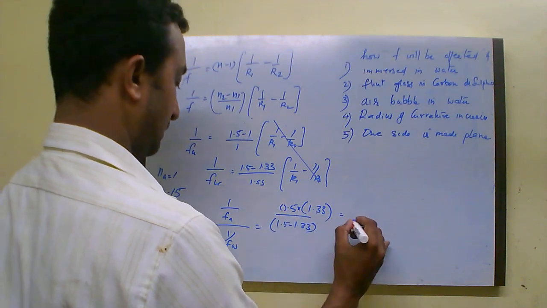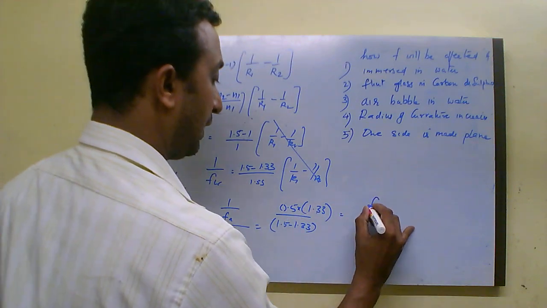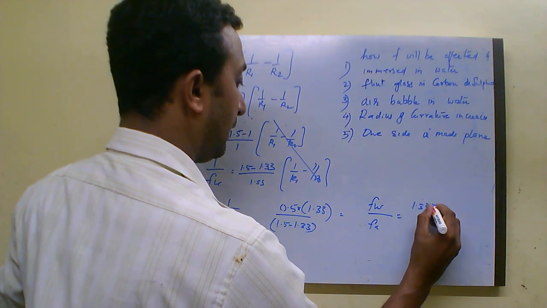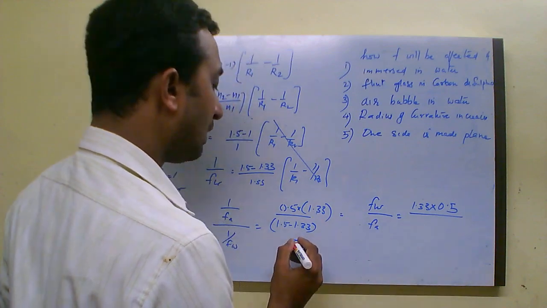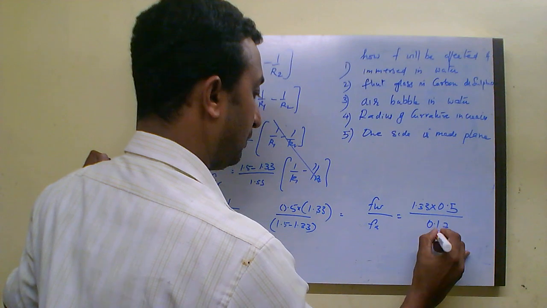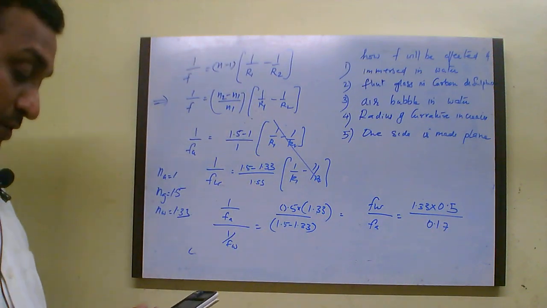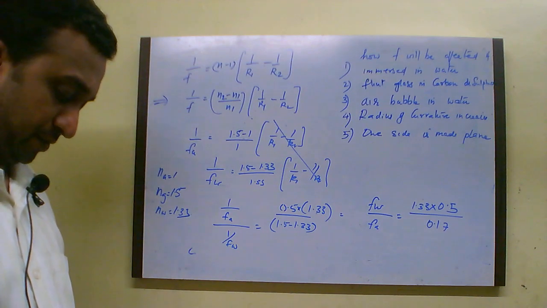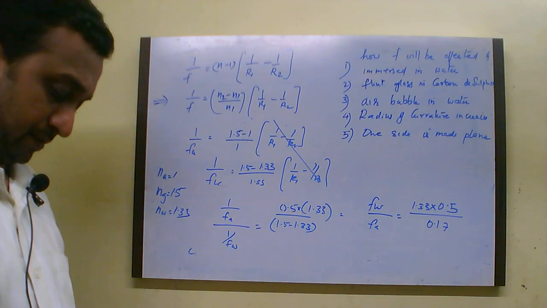So this f in water will go to the numerator, so you can have f_w/f_a = 1.33 × 0.5 divided by 1.5 minus 1.33, which is 0.17.